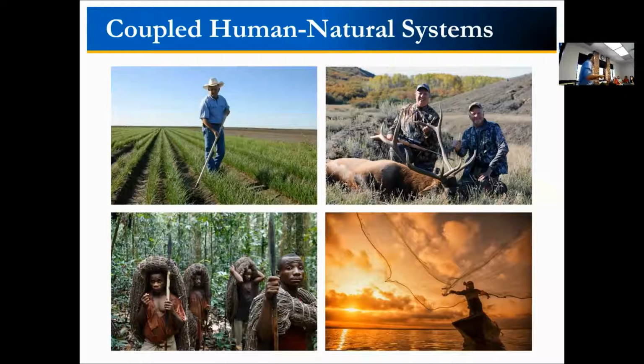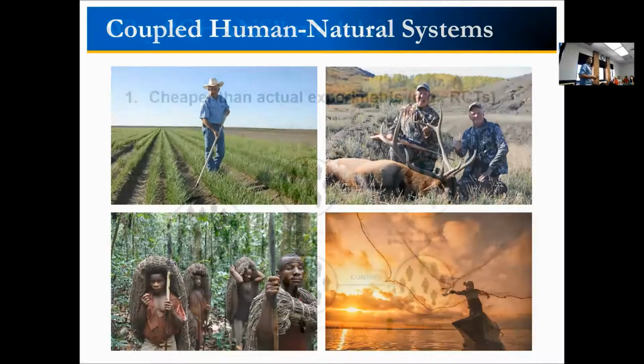Hunting is also a big deal, and you can talk about subsistence hunting or game hunting. Indigenous communities interacting with their forests, some fishery examples, so all of those are part of those coupled human natural systems.